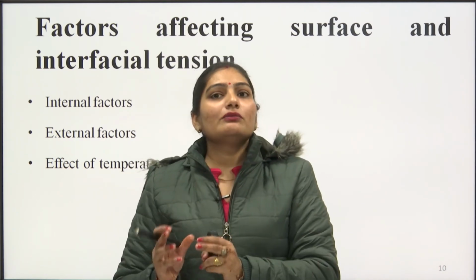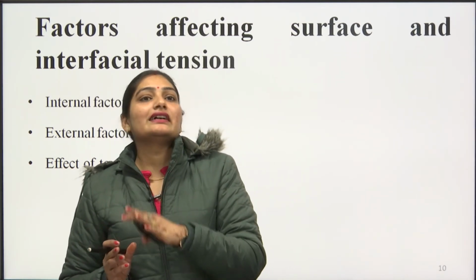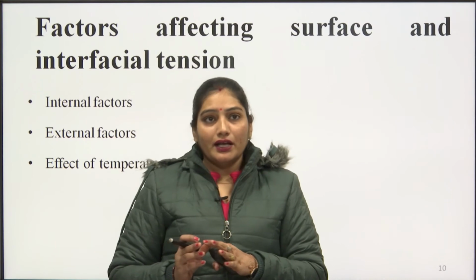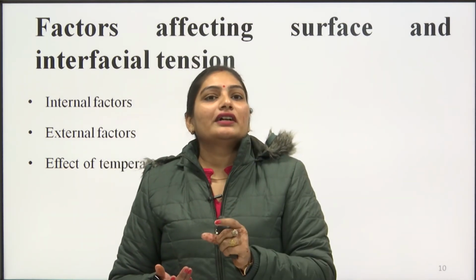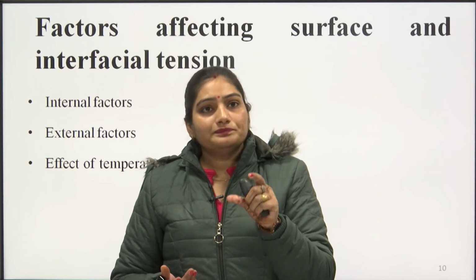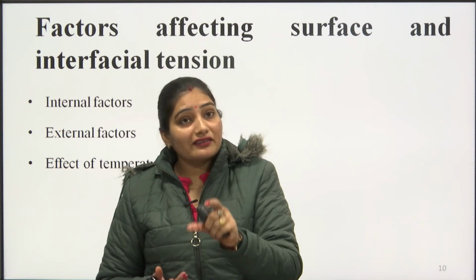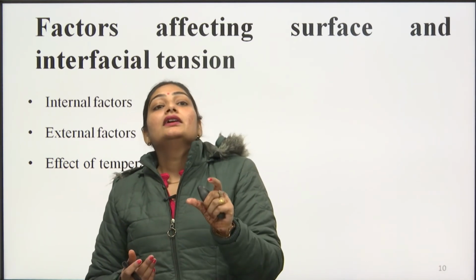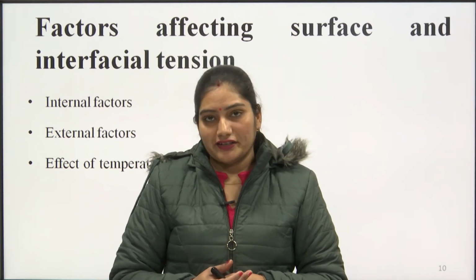These intermolecular attractions affect the surface tension as well as the interfacial tension, and the magnitude of the intermolecular attraction shows the magnitude of surface tension. So, by measuring the surface tension we can easily calculate the magnitude of intermolecular attractions.